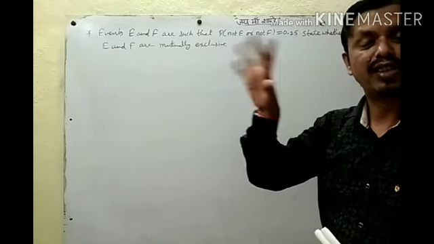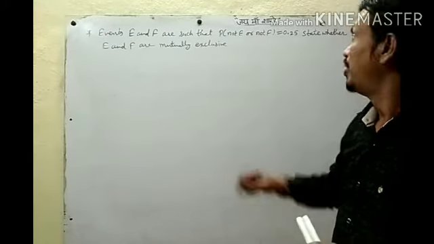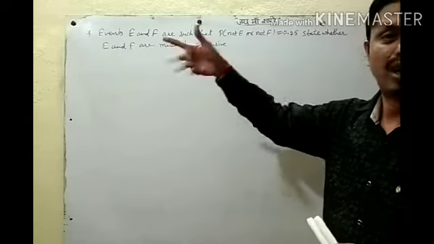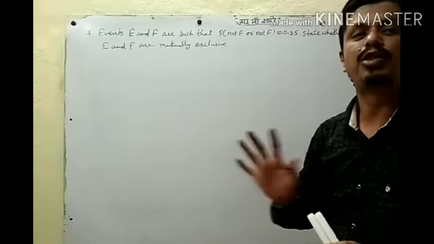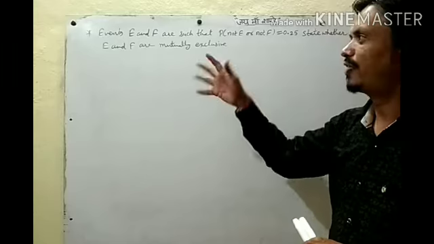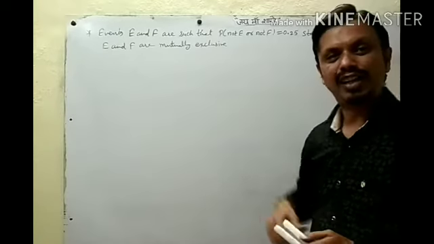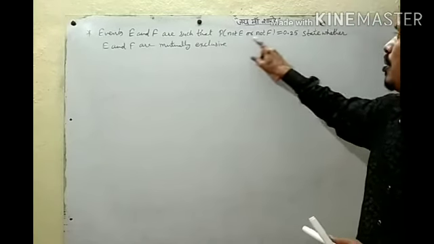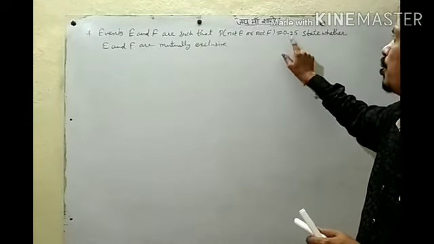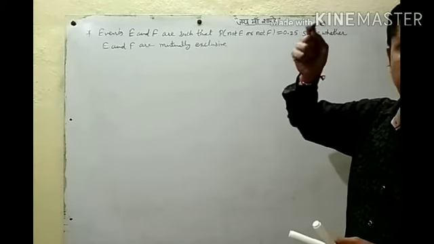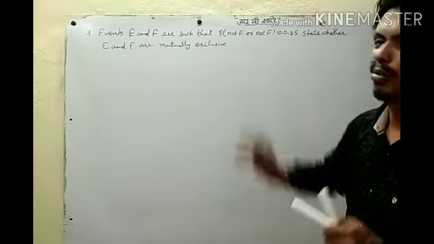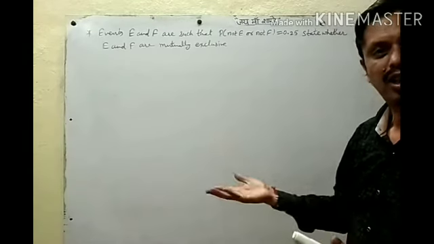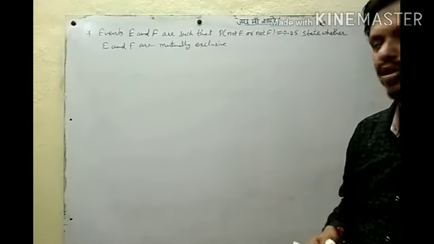The intersection is null set, means their probability should be 0. If probability of E and F is 0, then E and F can be mutually exclusive events. So from the given condition, P of not E or not F is 0.25. From this, you have to find probability of E and F. If it is 0, E and F are mutually exclusive. If it is not, they are non-mutually exclusive events.